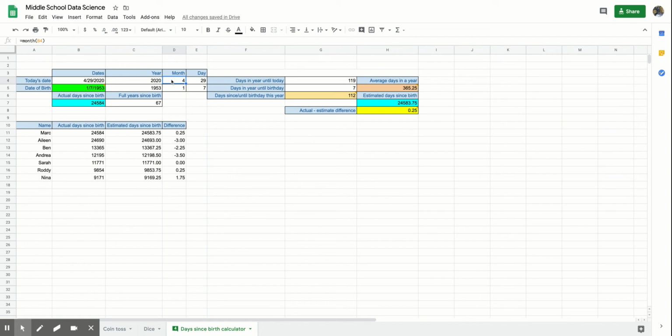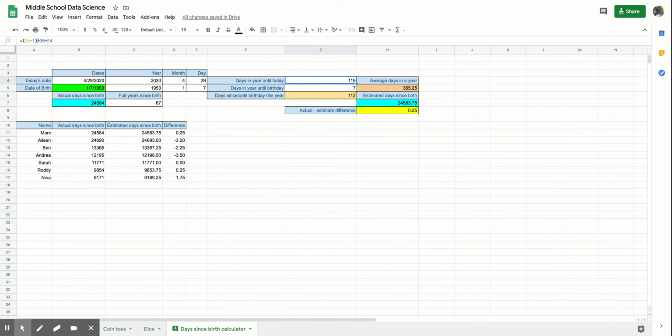The other thing we know about months is some are 30 days, some are 31 days, February can be 28 or 29, depending upon whether or not it's a leap year. This was a leap year. But on average, months have 30 days. Okay? So I'm going to use 30, and I'm going to say we've got 3 full months that have gone by, and let's just say that was 30 days in each month. So the number of days is the number of the current month minus 1, because I don't want to count the current month.